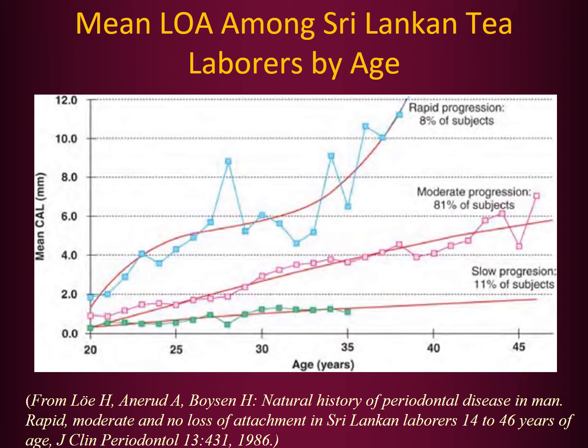However, there is a very famous study that was done by Löe and co-workers that looked at periodontal disease in a group of untreated male Sri Lankan tea laborers. This was a study that was conducted over a number of years to look at what happens to periodontal disease that is not treated over time.